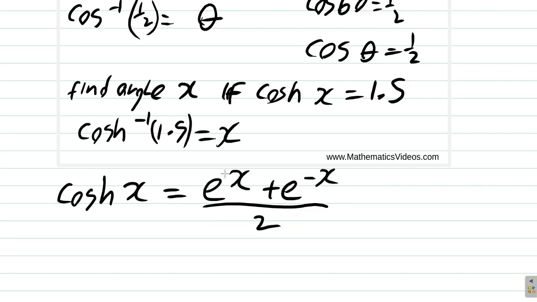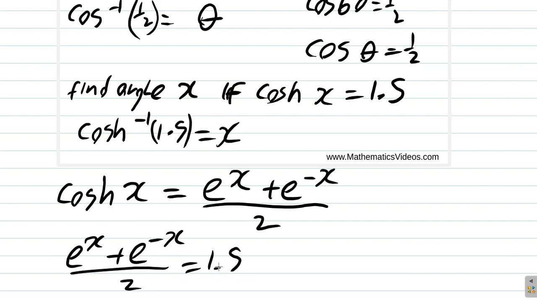So here, we're told that the cosh of x is 1.5. So we're going to equate this to 1.5 and say e to the x plus e to the negative x divided by 2 is equal to 1.5. So that's what we have.